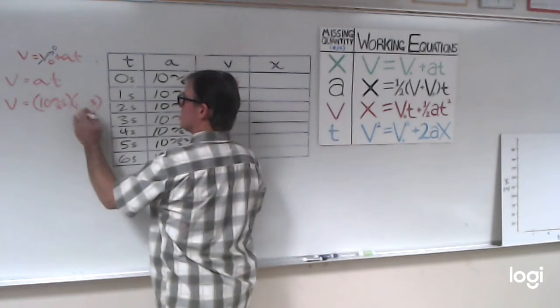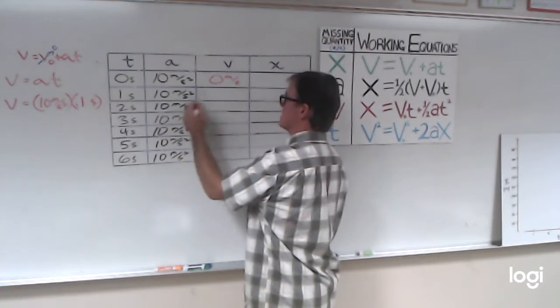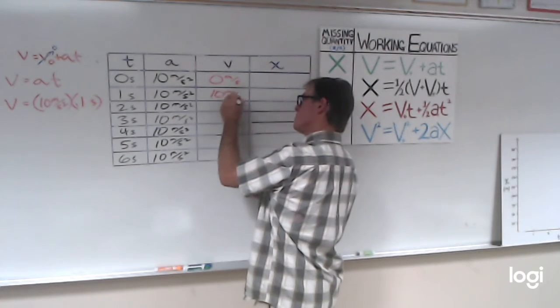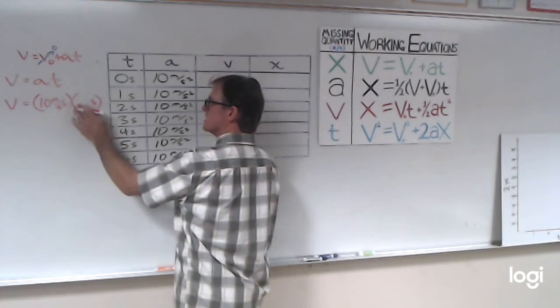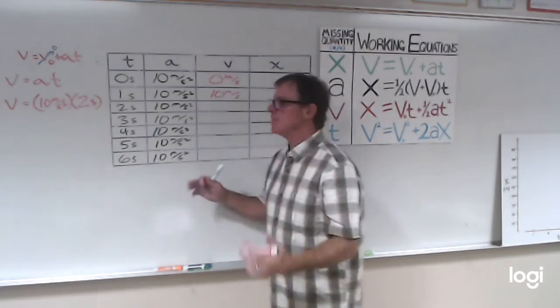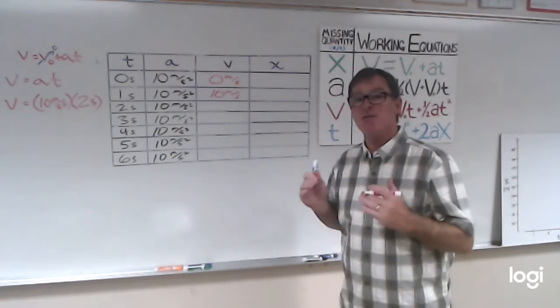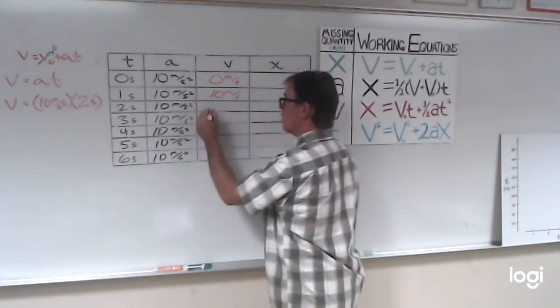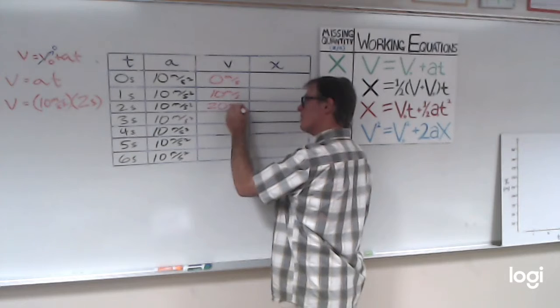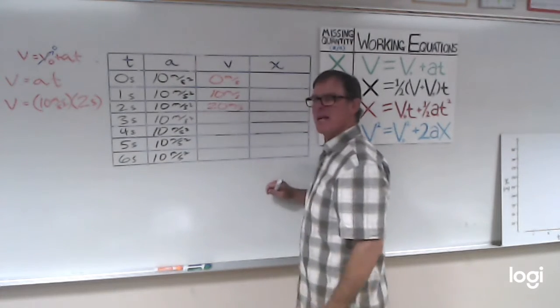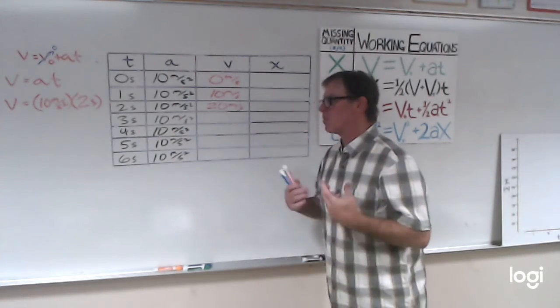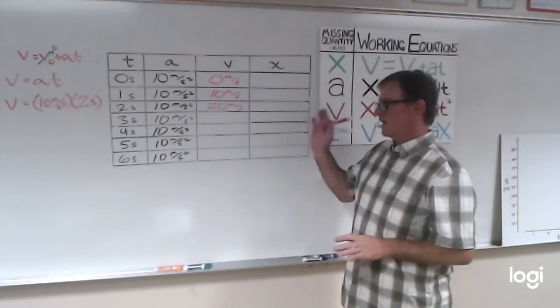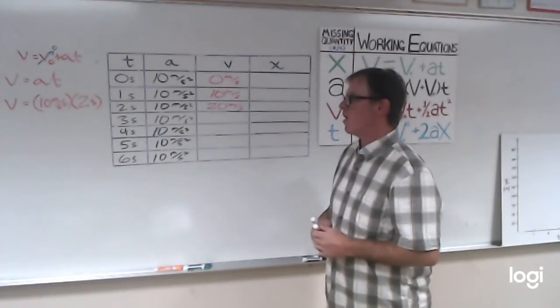Let's change the time to 1 second. 1 times 10 is 10 meters per second. So after 1 second, the object is going 10 meters per second. At the end of 2 seconds, 2 times 10 is 20. Again, these are downward. We would probably put a negative sign if we were just doing problems on paper, but again, for graphing's sake, I'm going to keep this all positive.